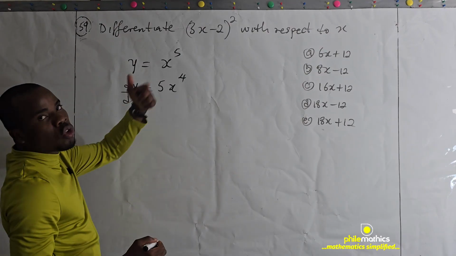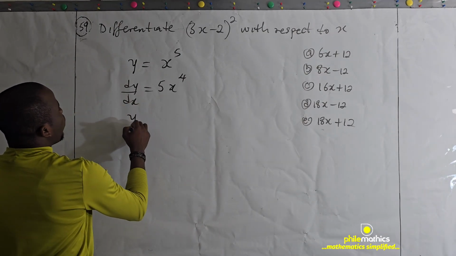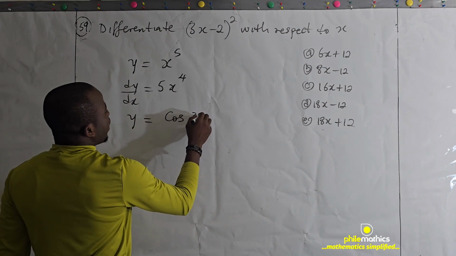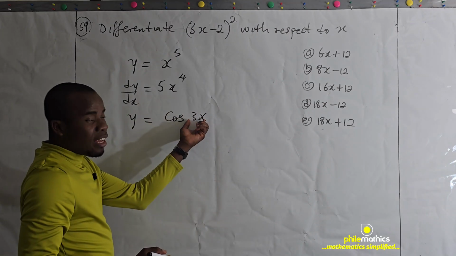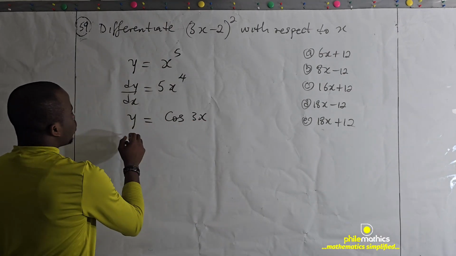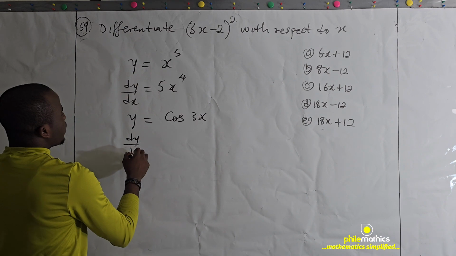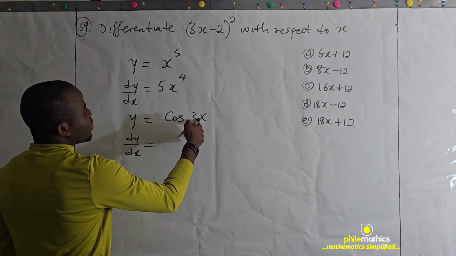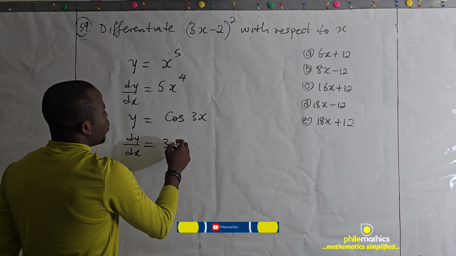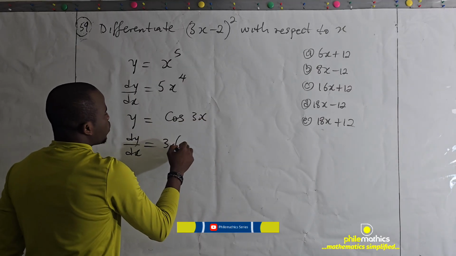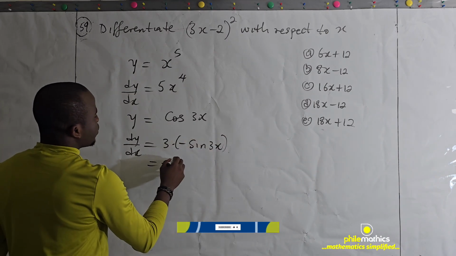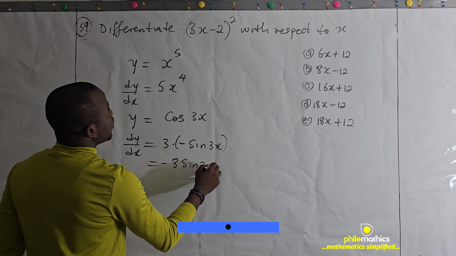However, if it's a function of a function, so if we have y equals cos 3x, we differentiate the inner function and then differentiate the outer portion. That is the chain rule. So dy/dx, to differentiate 3x, we have 3 times, to differentiate cos 3x, we have minus sine 3x. So this is minus 3 sine 3x.